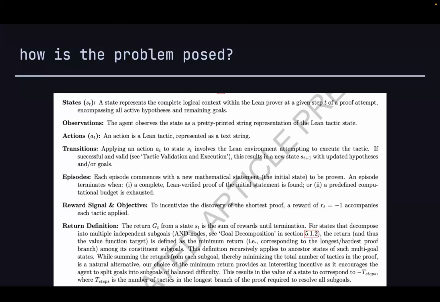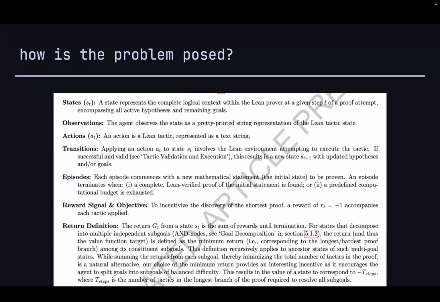If instead it were the maximum return, you can see a scenario in which the model just decomposes into random tasks and then tries to hack the metric by using a bunch of dumb tactics over and over across all the branches. To minimize that, they basically say, whatever you do, make sure that even for the longest proof, you make it very short. That's why they use the minimum among all the branches.